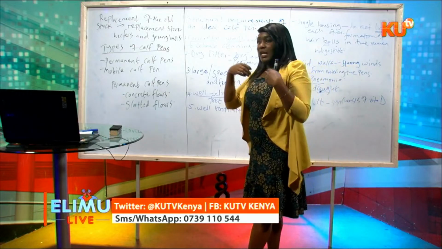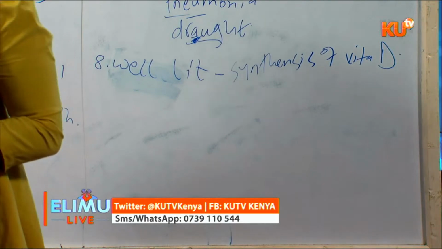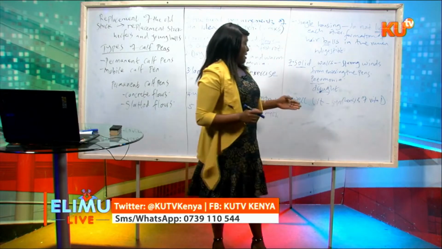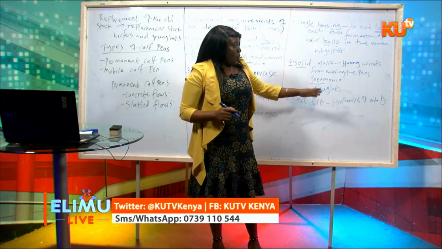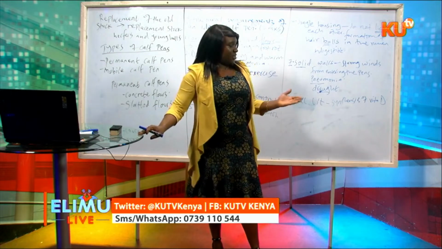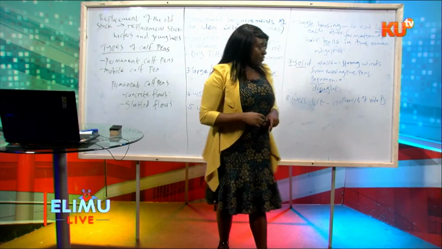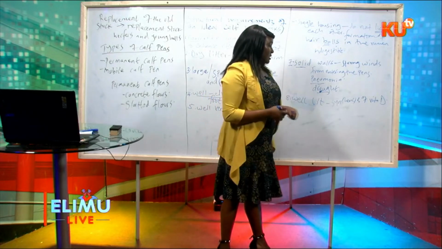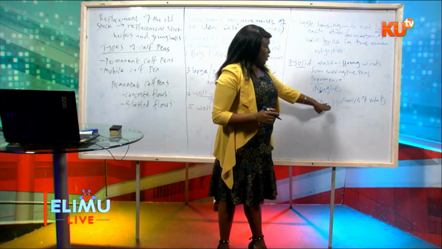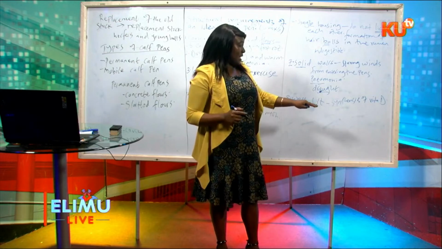And again, I would like to pose a question, and I'm expecting a response on the SMSs. The deficiency that is brought about by lack of enough vitamin D, deficiency of vitamin D causes which disease, whether to livestock or to human? So we need to know why we need to keep the calf pens lit.